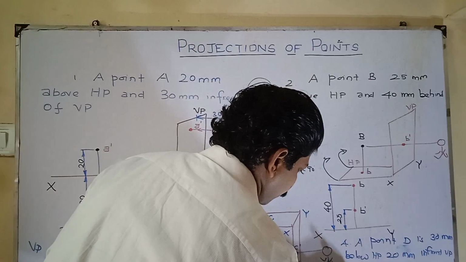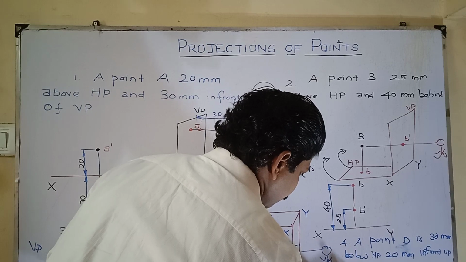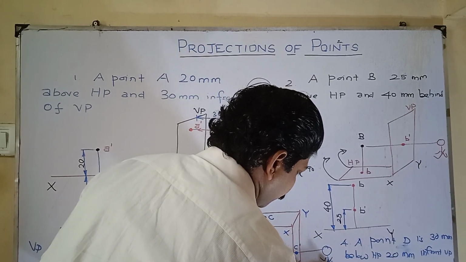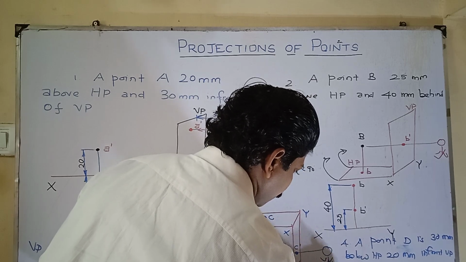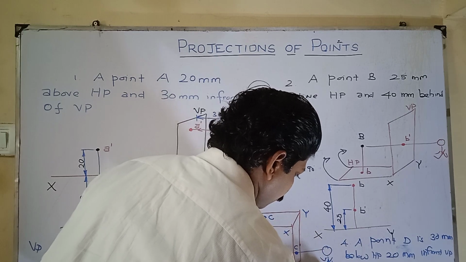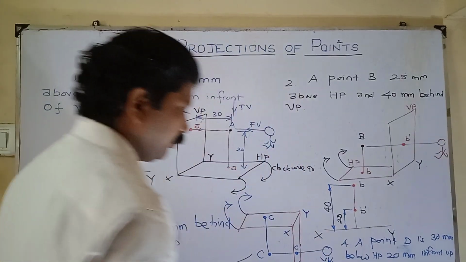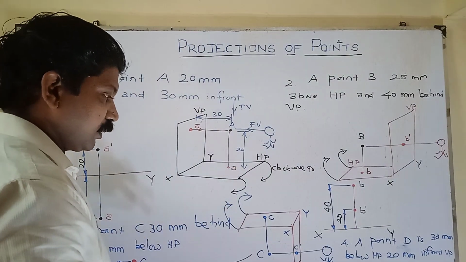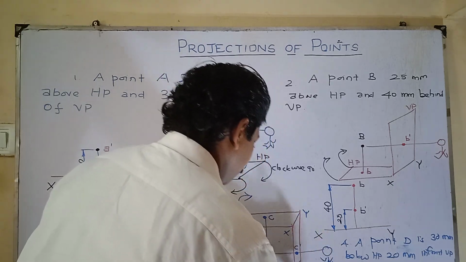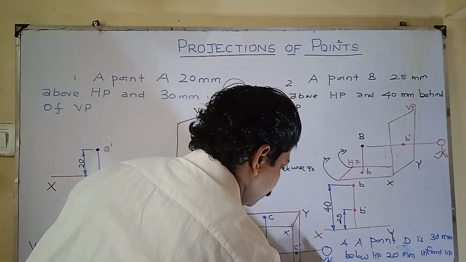So d dash d: this one 20, this one 30. The main important thing: after the projection, rotate the horizontal plane clockwise 90 degrees.